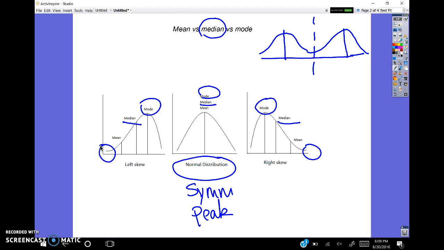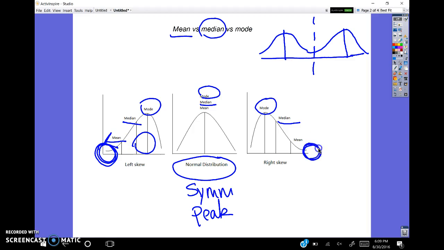So for example, if we have a lot of our data in the high numbers, but then let's say we have one really low number that's really pulling our data down, our mean is going to get pulled in the direction of that really low number. Same thing on the opposite end.